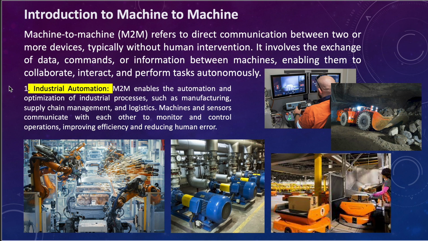It involves the exchange of data, commands, or information between machines, enabling them to collaborate, interact, and perform tasks automatically. So this is the definition of machine to machine, or M2M, right?